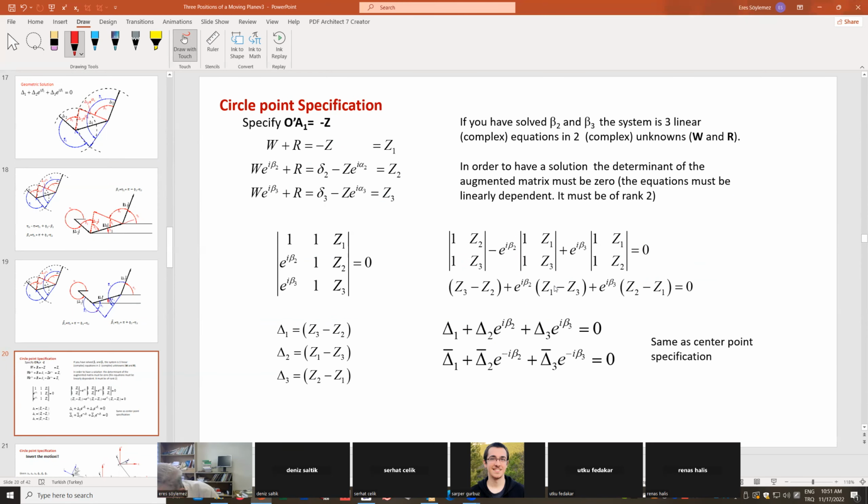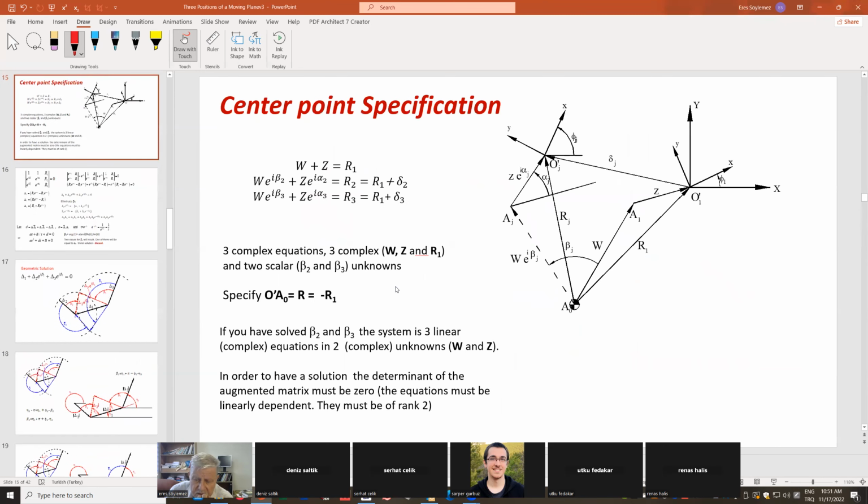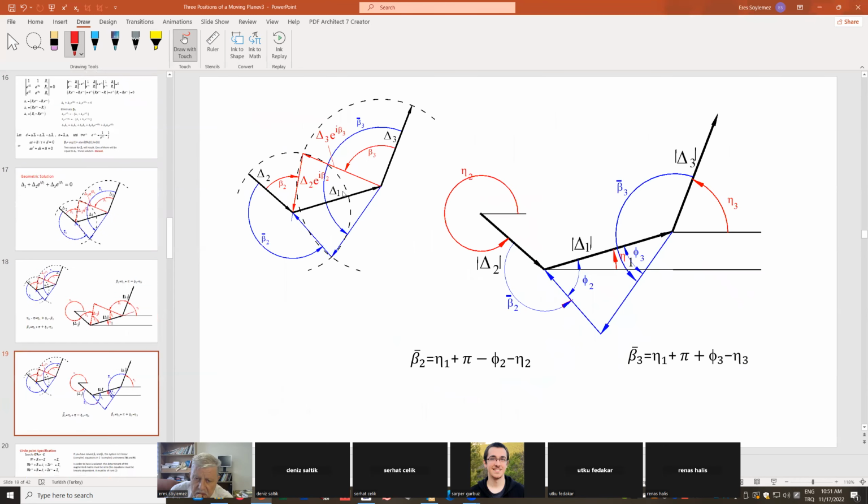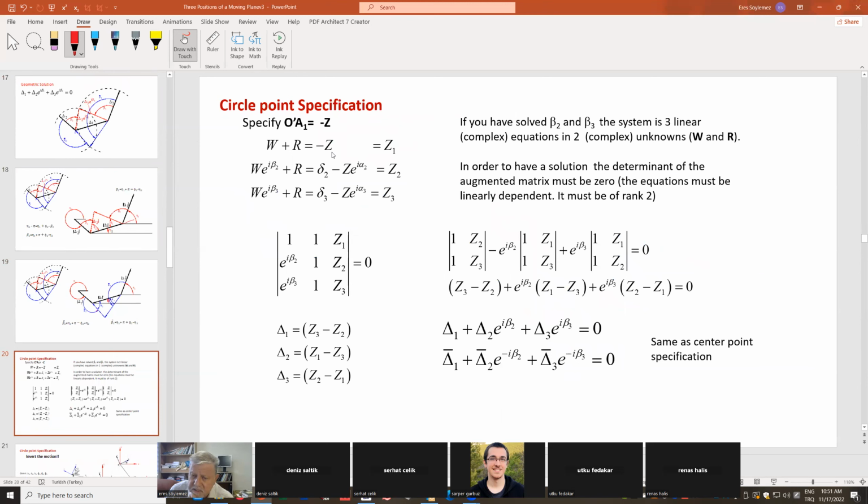Circle point specification. I think I have time for this as well. If I'm given minus z, again I have to rewrite these equations taking z on the right side. I can write them: w plus r minus z is equal to z1. W e to the i beta 2 plus r is equal to delta 2 minus z e to the i alpha 2, which is equal to z2.